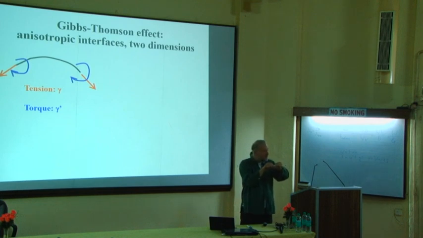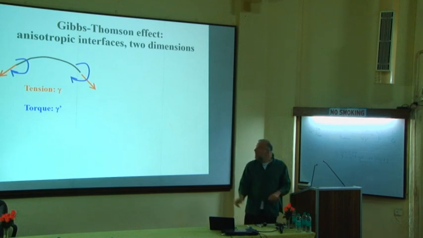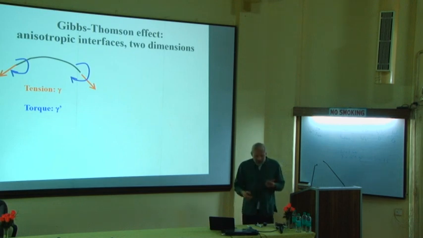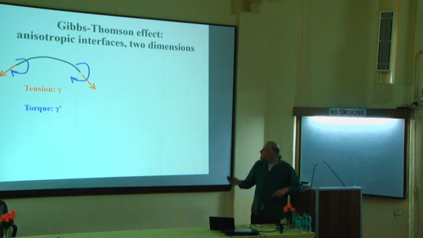But if I have a torque on one side that is stronger than on the other side, you can try it out with your hands, then you will have a force acting on the whole thing that, depending on the difference, will go upward or downward. So a torque in itself will not induce a new force from the outside to the inside, but the difference between torques can. So there is a new contribution now, which is proportional to the difference of these two torques on the two ends of the interface.